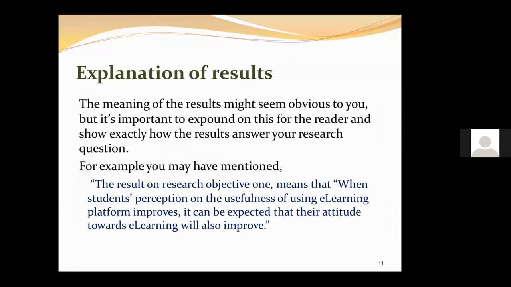Students, after stating their results, actually what they usually do is they state their results like there is a positive relationship between perceived usefulness and attitudes. And after stating that, they get stuck.